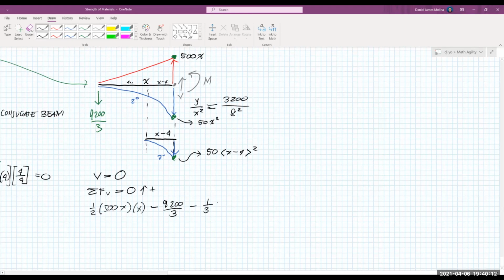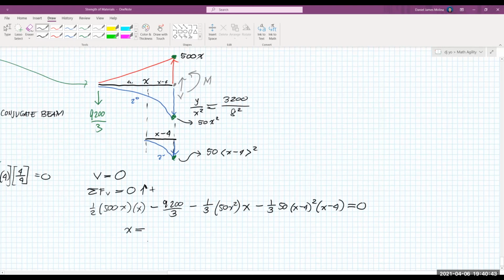So minus 1/3 times 50x squared by x. We just need to use the areas, no lever arms first, since we are summing up forces. So minus 1/3 times 50(x minus 4) squared times (x minus 4), which is also equal to 0. From there, we can solve for the value of x.